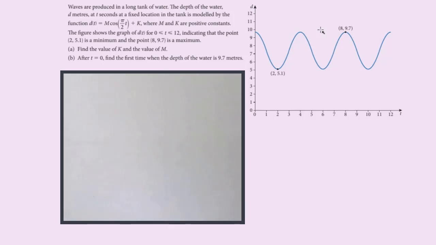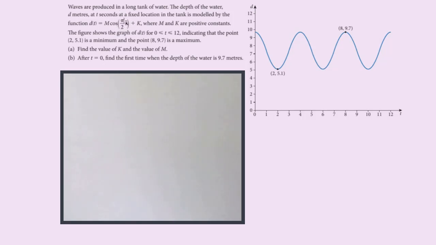So in this equation, this is a general cos function. We have m cos(pi over 2 t) plus k. Those things are doing different things. The pi over 2 bit influences the period of the graph, so it's a horizontal stretch factor.